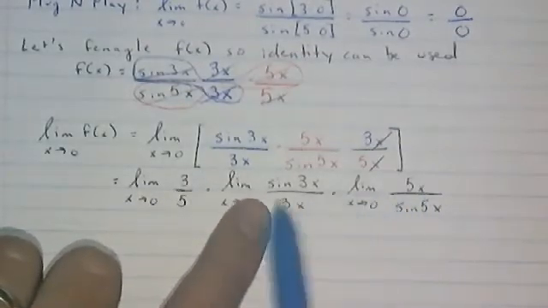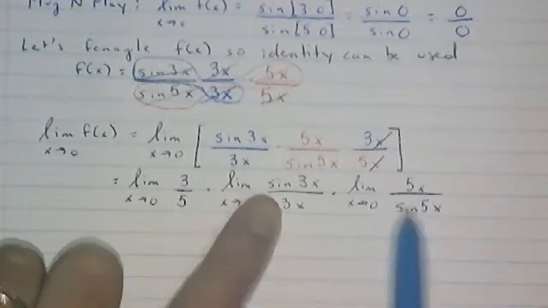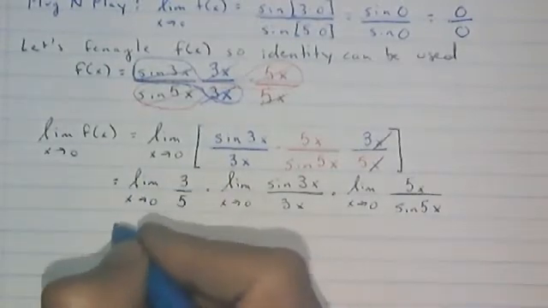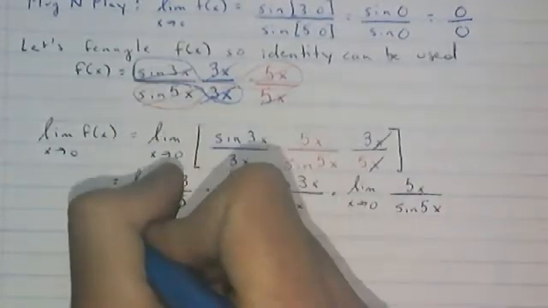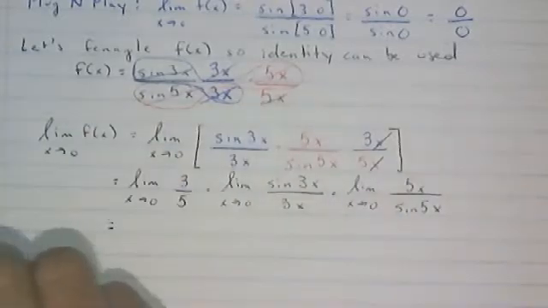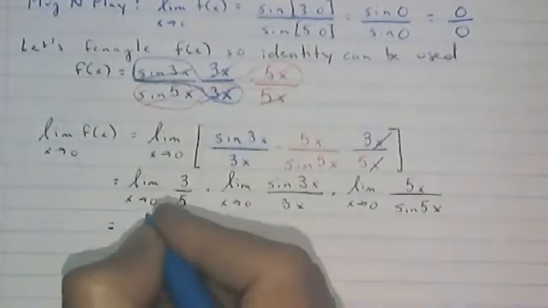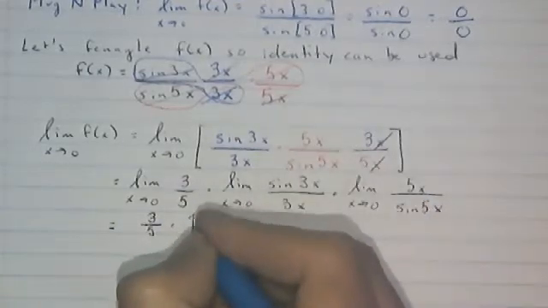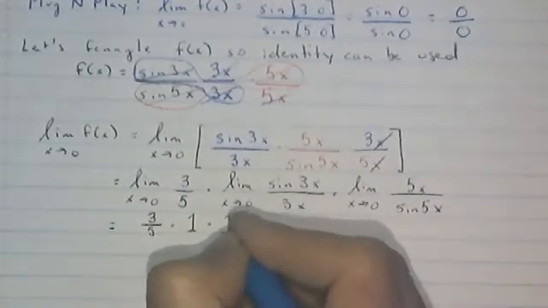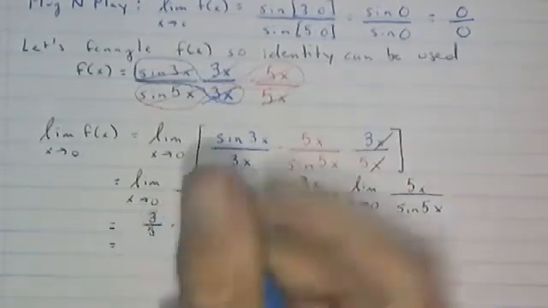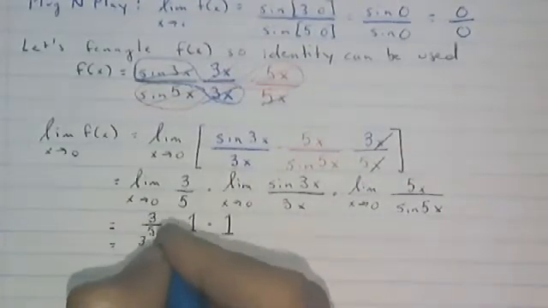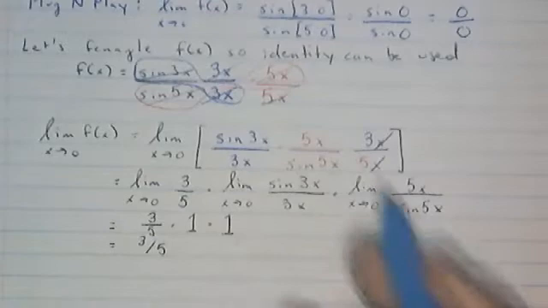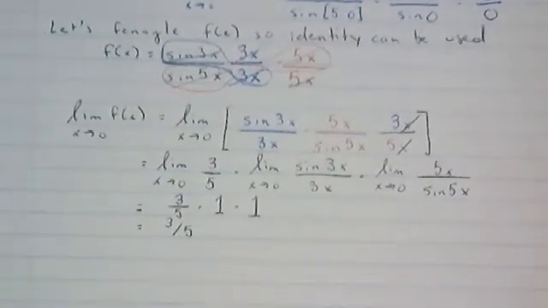This makes us happy because those ones are now 1. This guy, what's the limit of 3/5 as we approach anywhere? 3/5. Both of these limits are 1. And oh, happy day, the limit of that function as x approaches 0 is 3/5.